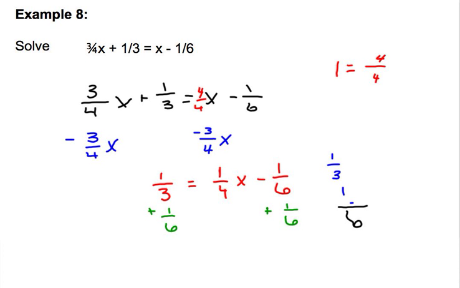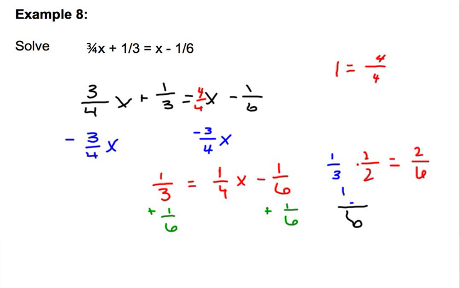And in this case, we're going to do 3 times what number gives me 6? And that's 2. So if I multiply the bottom by 2, I've got to multiply the top by 2 also. So that gives me 2 over 6. So 2 over 6 is the same as 1/3, just written differently.